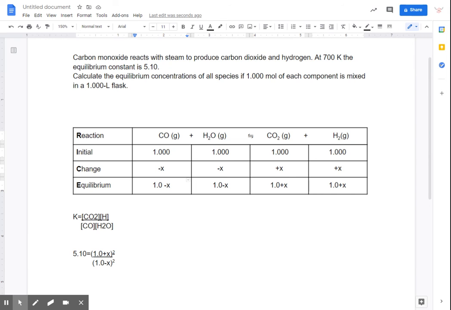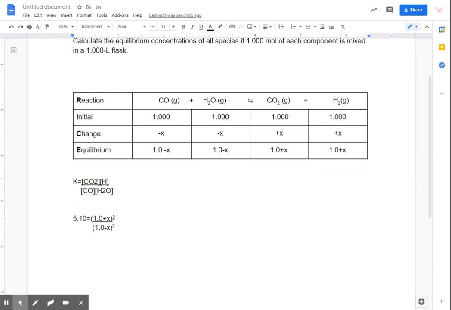So you plug your x value into these concentrations to get the equilibrium concentrations for all the species. Theoretically, the two reactants will have the same concentration, and the two products will both be the same concentration.